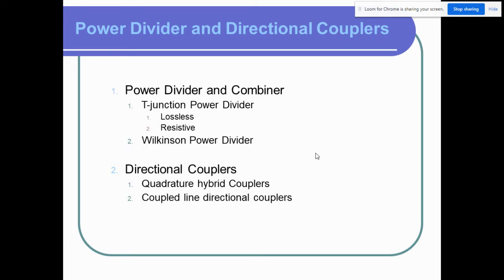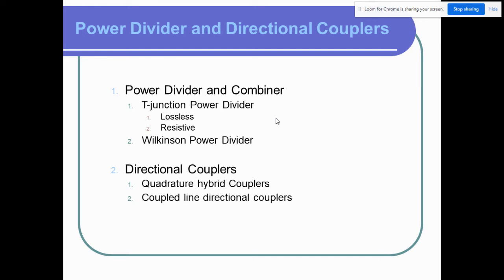Okay, now for the classification, there are many actually, but usually we bottom line it into basic devices. These basic devices are two types: power divider and combiner have basically two types, which is the T-junction power divider, and the other one is the Wilkinson power divider.